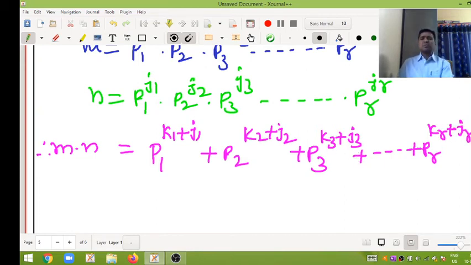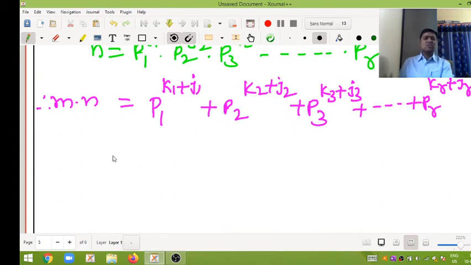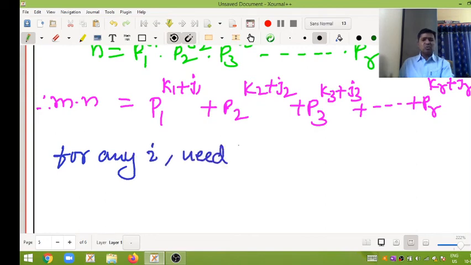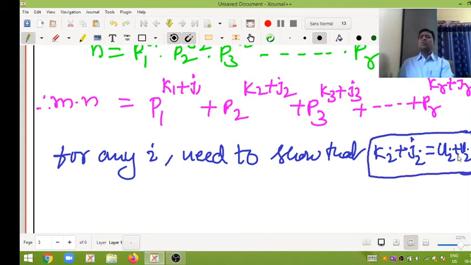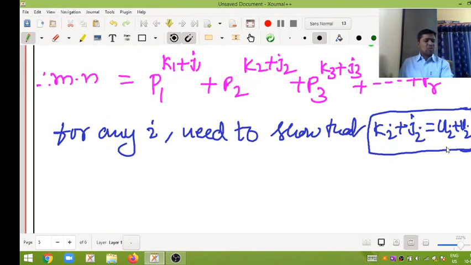So for this purpose, what do you want to prove? Using this we want to prove, for any ith value, we need to show that ki plus ji is equal to ui plus vi. If you prove that ki plus ji is equal to ui plus vi, it is enough, my dear friends.